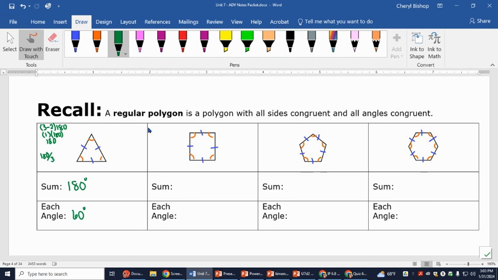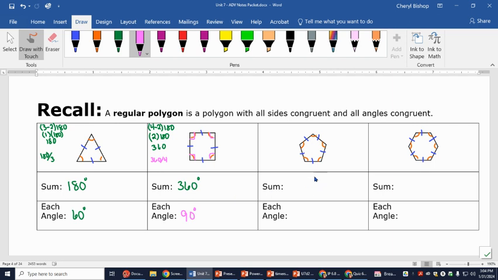If I look at this one, I have 4 sides, so I would do 4 minus 2 times 180, which is going to give me 2 times 180, 360. So the 4 angles in my quadrilateral are going to add up to 360 degrees. And when I take that 360 and divide it into 4 equal angles, we should hopefully already know that those are all going to be 90 degrees. We're actually going to end up with a square here where all those angles will be 90 degrees.